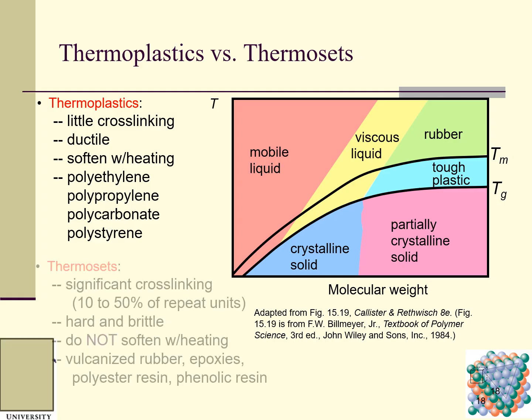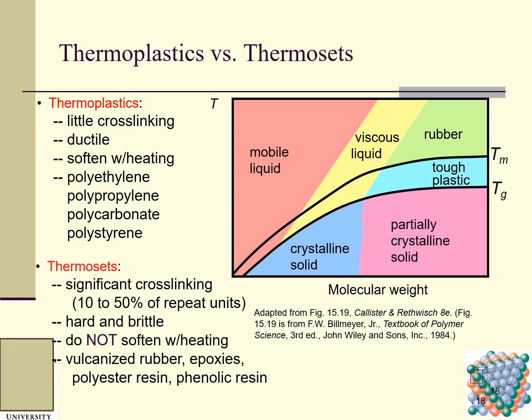Thermosets, on the contrary, are significantly cross-linked, hard and brittle, and do not soften when heated. Examples are vulcanized rubber, epoxies, polyester resin, and phenolic resin.